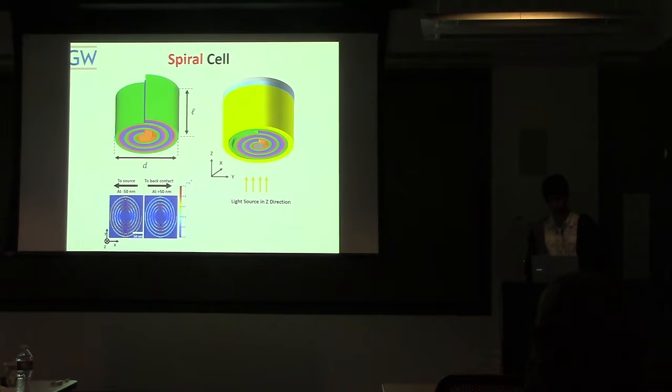So what we do is an FDTD simulation of the cell to see that it indeed behaves as we want it to. And we study the optimal lengths for the spiral cell, the optimal diameters, and the thickness of the insulating HBN. The lower figure here shows the generated electron-hole pairs.